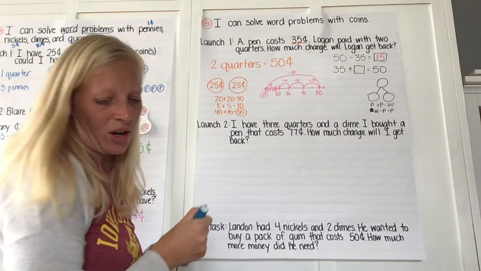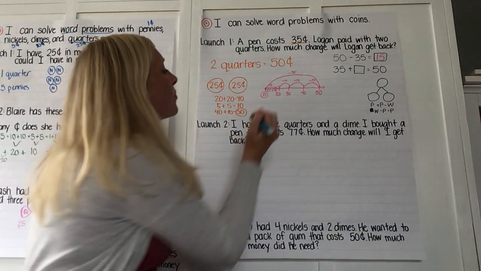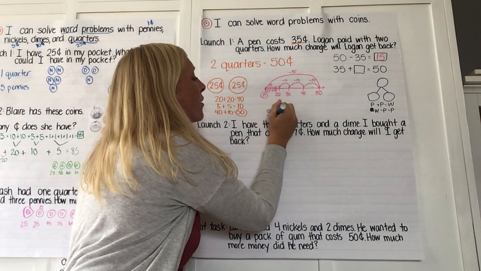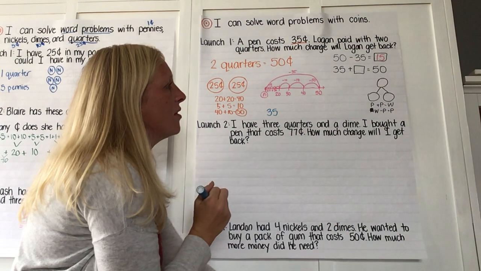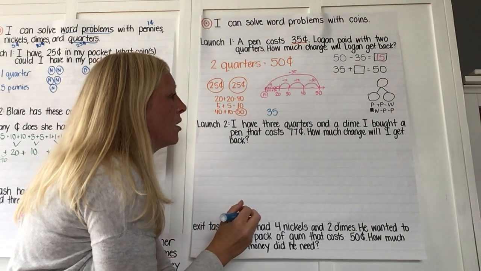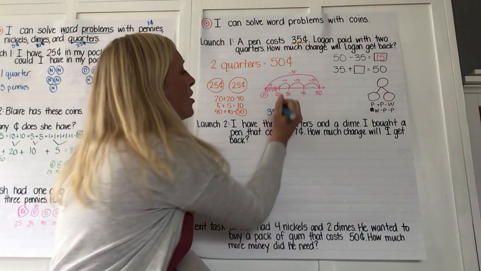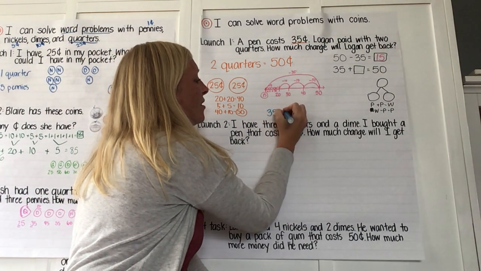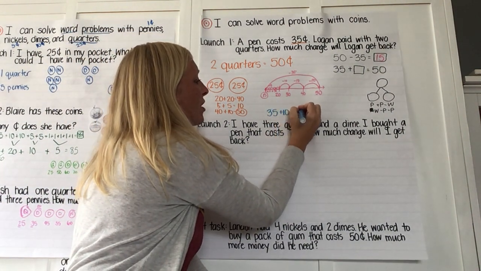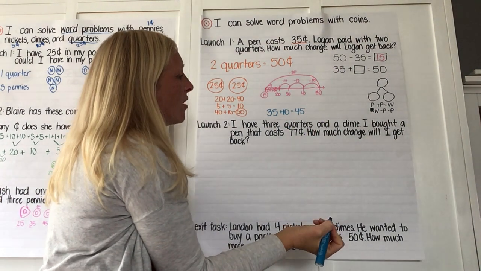Where did you start? You started at 35. And then what did you do? You're going back to kind of what we did before, weren't you? You added 10, and it got you to 45. Okay, and then what did you do?